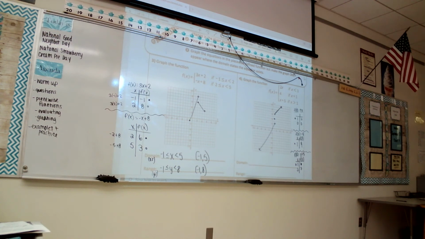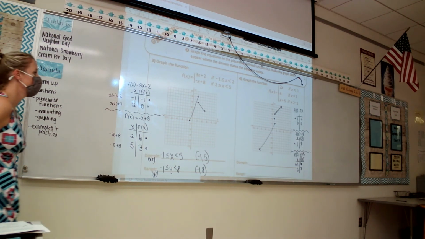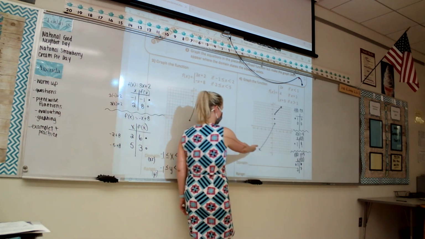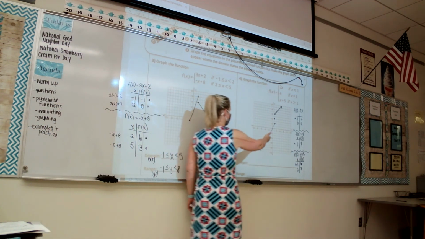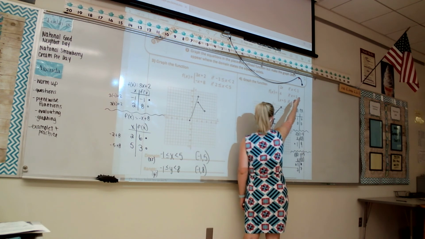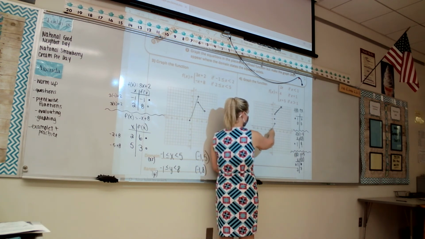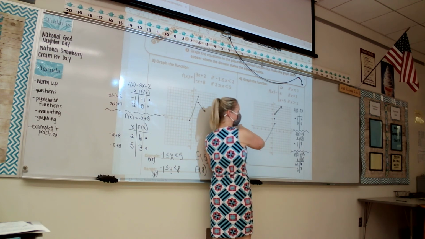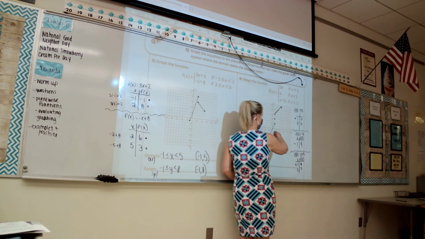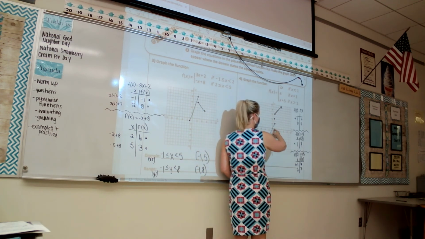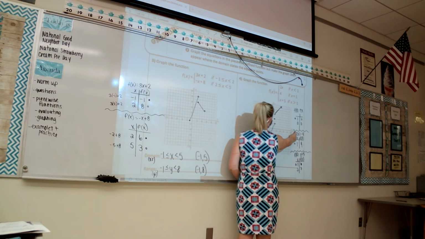So the domain, let's think about the x-axis and our points. This line is going forever. This line is going forever. I guess we should call those arrows, but we'll go with it. So when I think about the x's, if this goes forever, we include all the x's this way. This x is included, right, because that's a closed circle. And then all the x's are included that way.